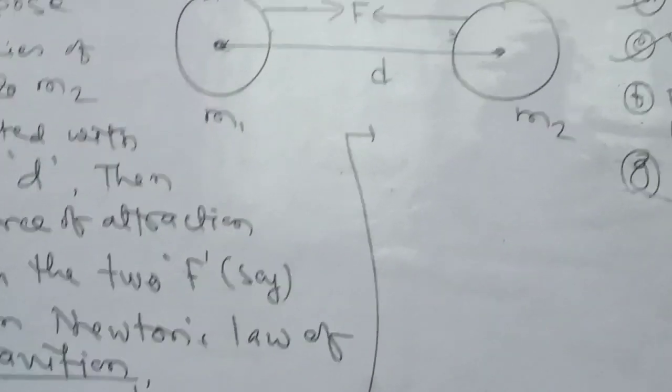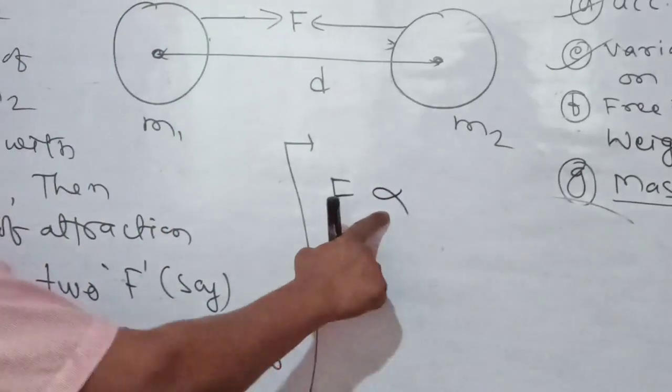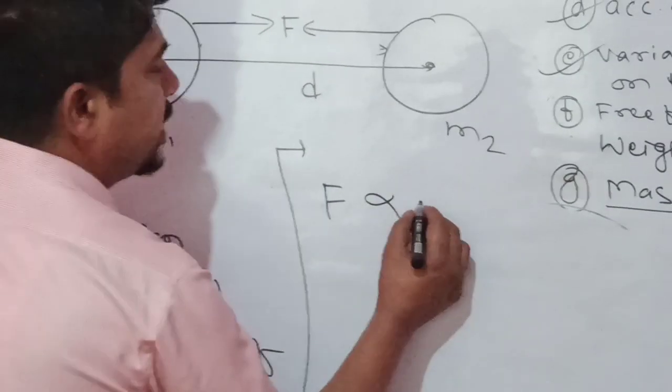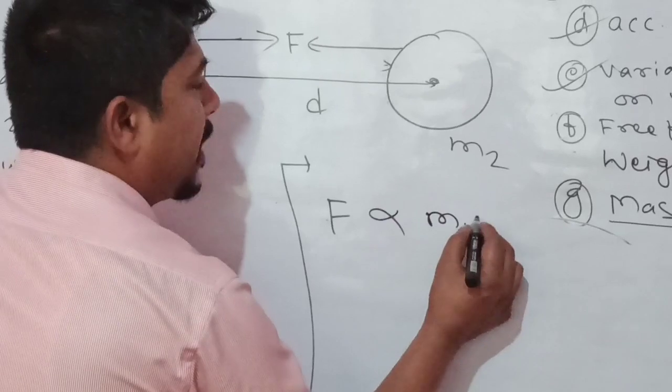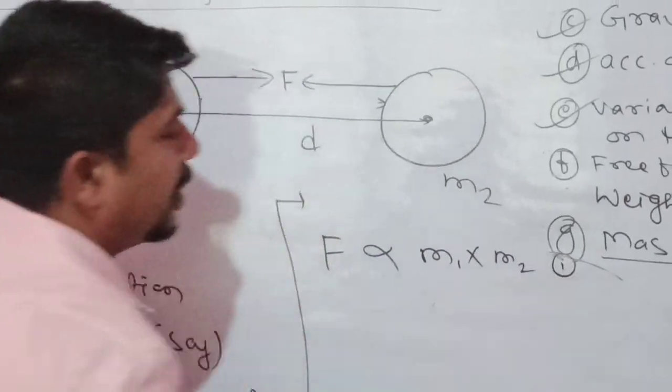Newton's law of gravitation बाट के थाहा पायो, this force of gravitation F is directly proportional to the product of masses m1 into m2. Let it be equation 1.